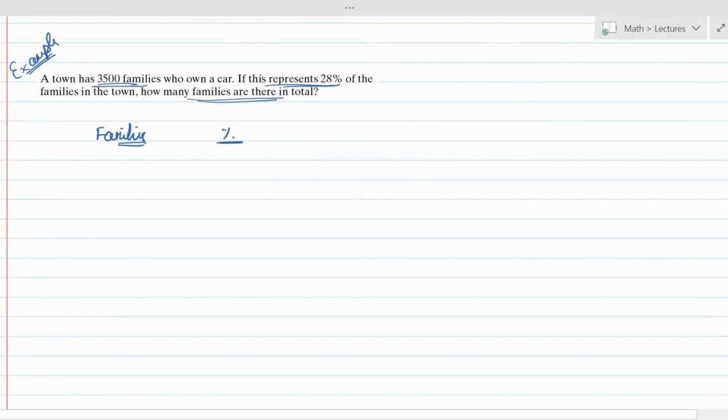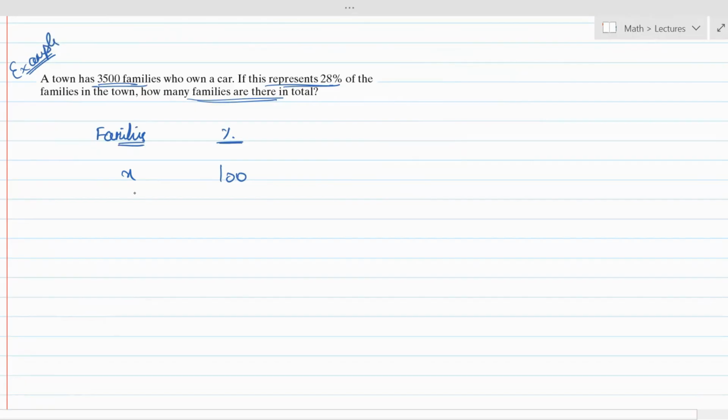So the original percentage is always 100. In front of 100, we have the original families to be found, which is X. And then 3,500 are the families who have the car, and this represents 28%.